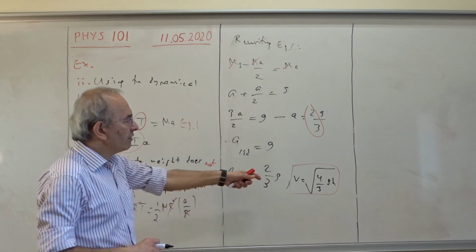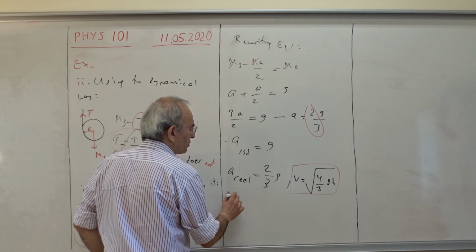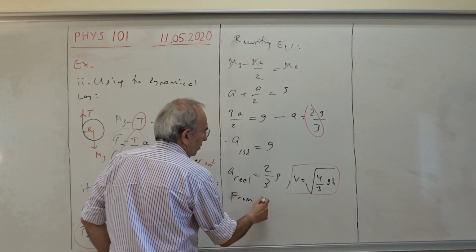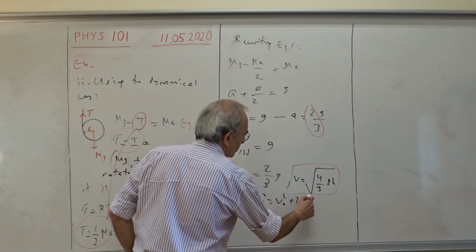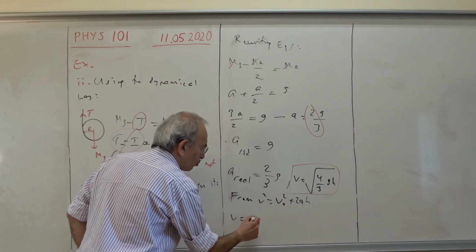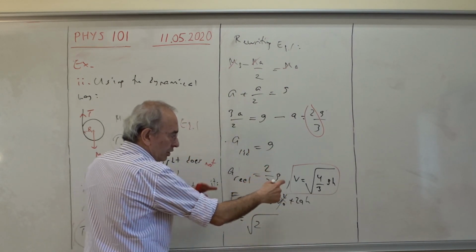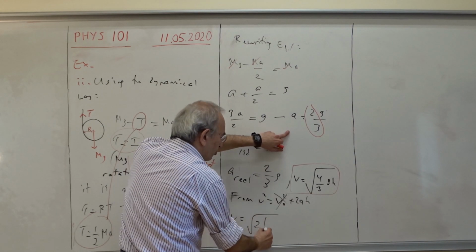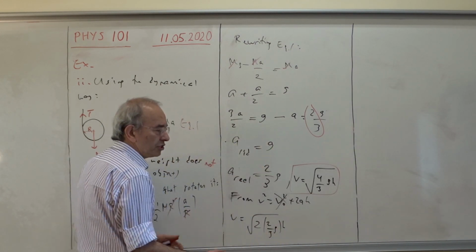Alright, now let's find velocity. Again from the previous equation, v squared is equal to v0 squared plus 2 times a times h, not g. So v squared turns out to be, v0 is just 0, it is just 2 times acceleration, 2/3 g, and h, so it is 4 over 3 gh.